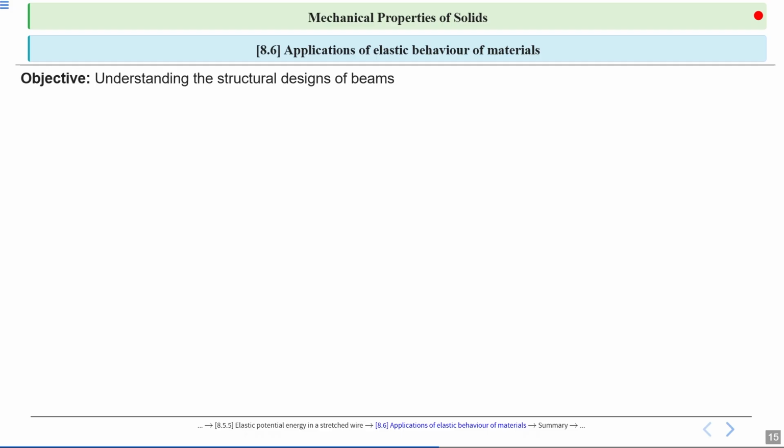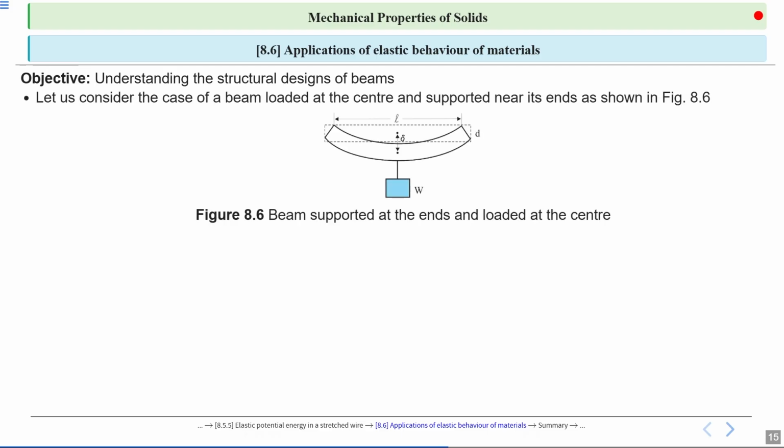Now, we will understand the structural design of beams. So now let's look at the beam supported at both ends and loaded at the center, as in the figure. Imagine a wooden plank resting on two supports with a weight placed in the middle.